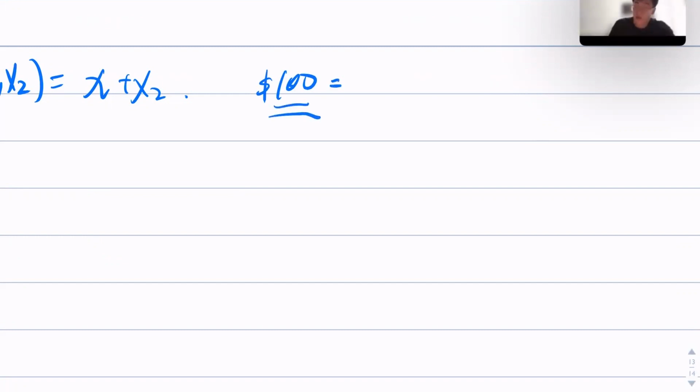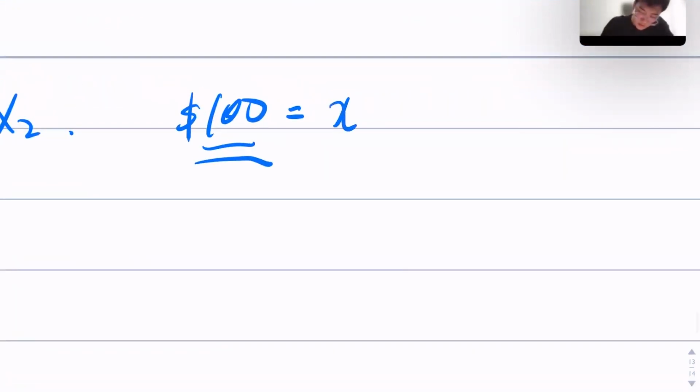But how do we represent in terms of x1, x2 how much money we will spend buying shampoo and body wash? It's basically the quantity of the goods that we will consume times the price of the goods.